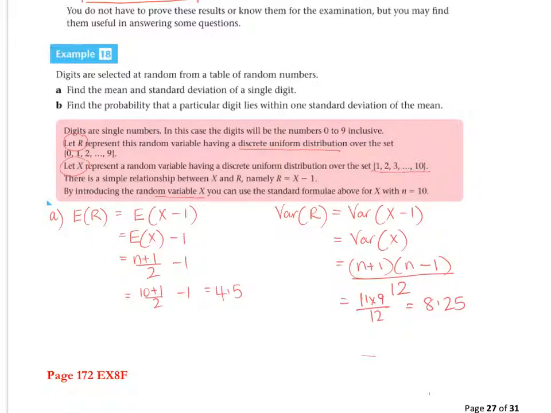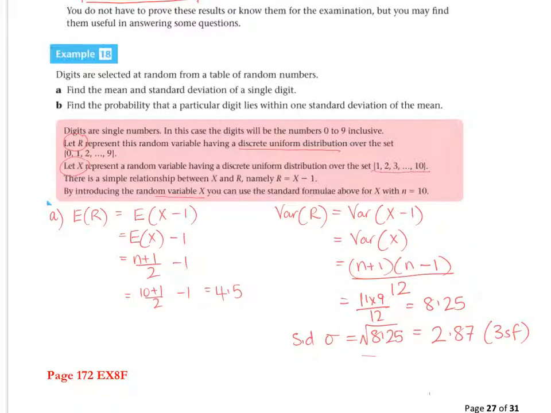And as you know, the standard deviation is sigma, and that's equal to the square root of the variance. We've done that from before, and if we give that to 3 significant figures, it's 2.87.